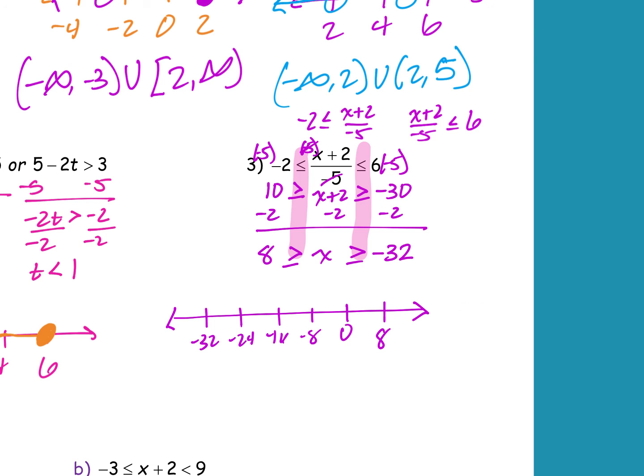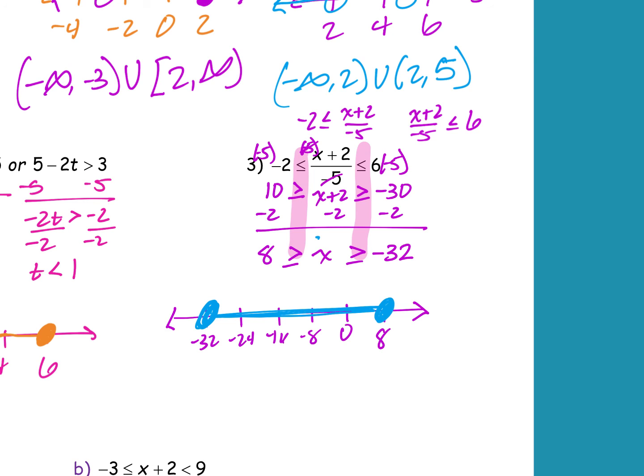So on 8 I've got a solid dot, on negative 32 I've got a solid dot. X is less than 8 and greater than negative 32, so it's right in there. Questions? So my interval's 8. I counted by 8s. Is that okay?